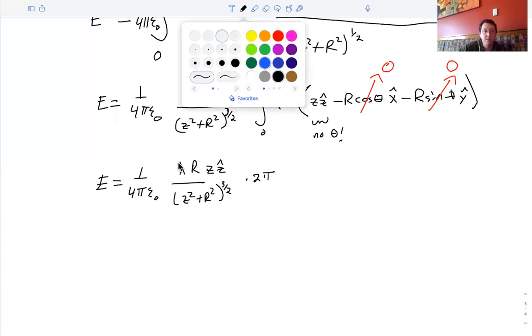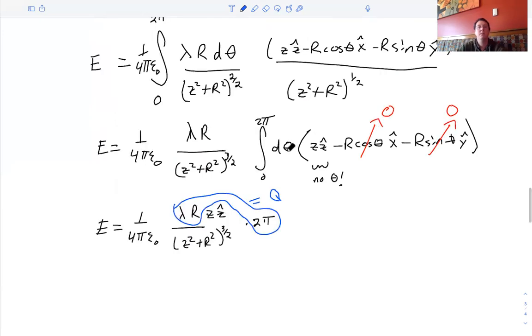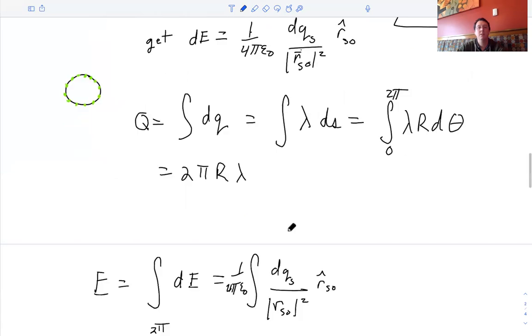And we immediately see that a pretty way to regroup this is to combine lambda, r and 2 pi together, because those just come together to equal the charge. Remember, that's what we had up here. 2 pi r lambda is the charge.